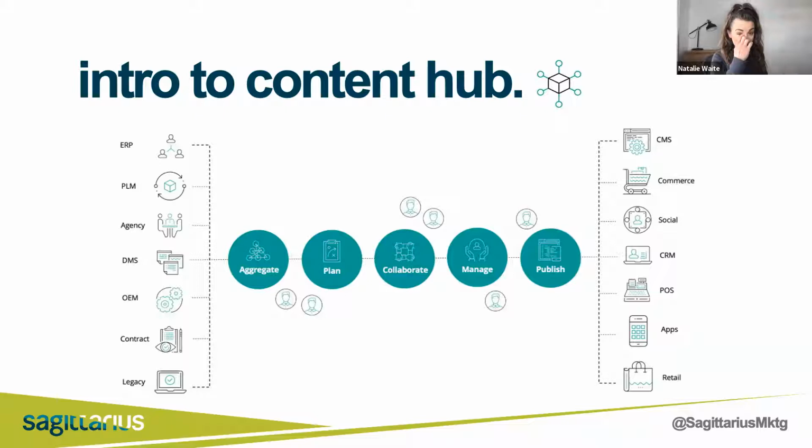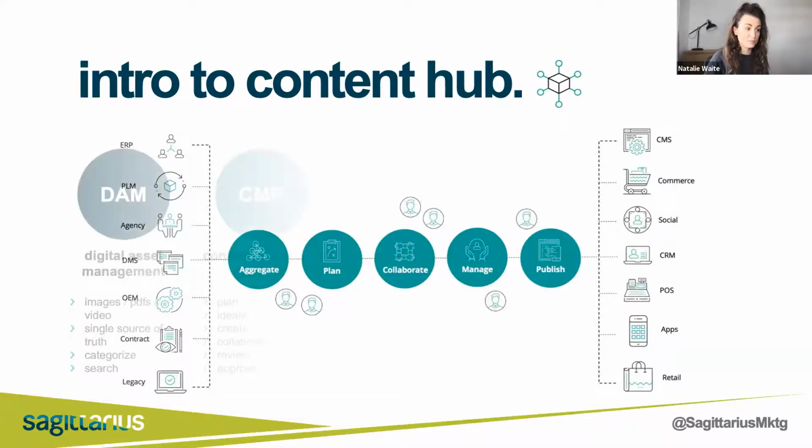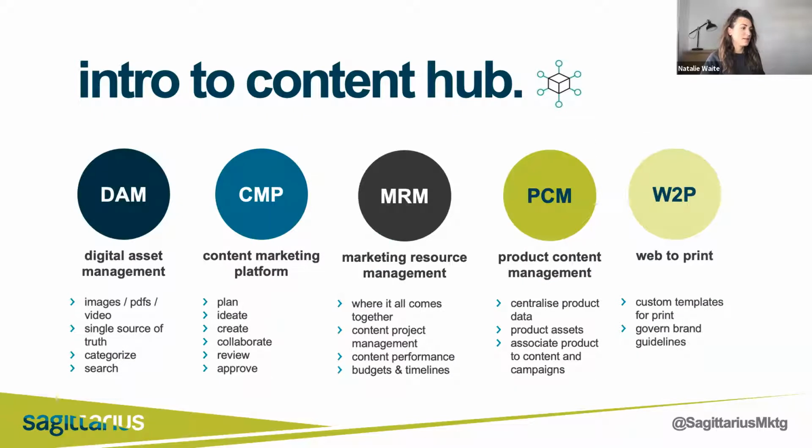So essentially we're enabling efficiency and ensuring consistency of content across multiple channels, which means that the user is receiving a consistent experience across your brand and your multiple touch points.